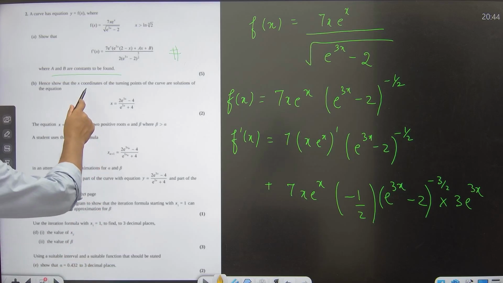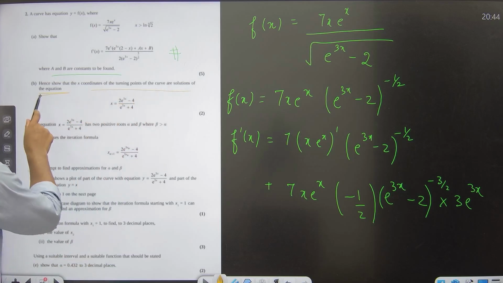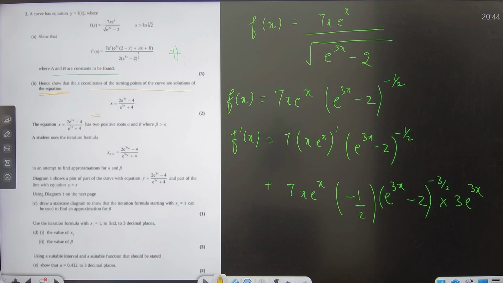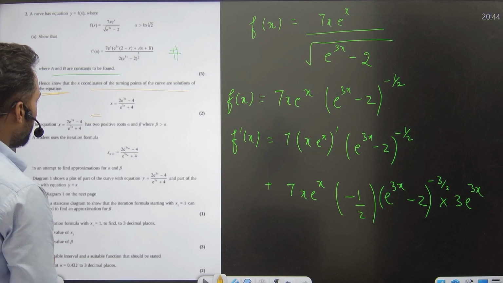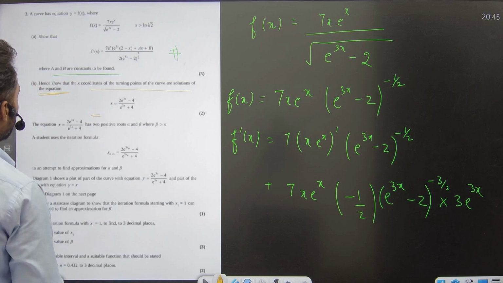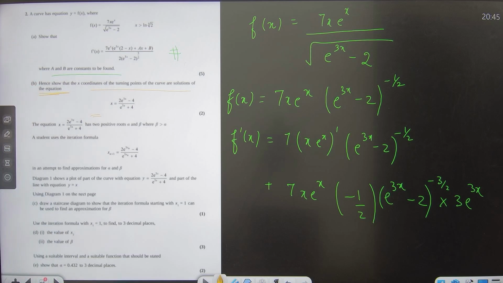Hence show that the x coordinate of the turning point of the curve is the solution to the equation 2 e raised to the power 3x minus 4 upon e raised to the power 3x plus 4. Okay.